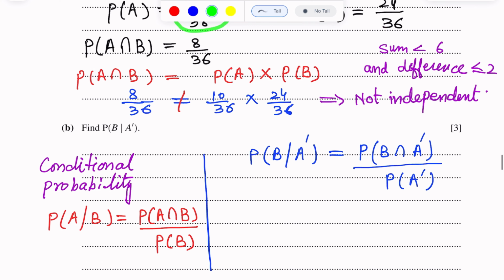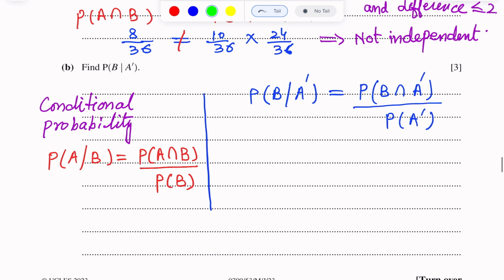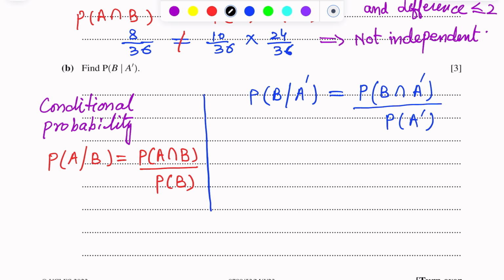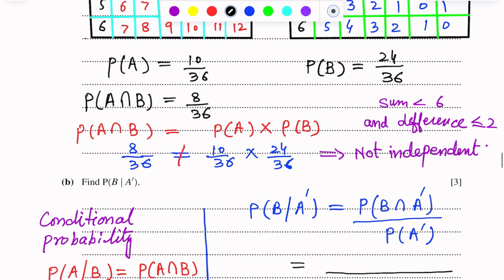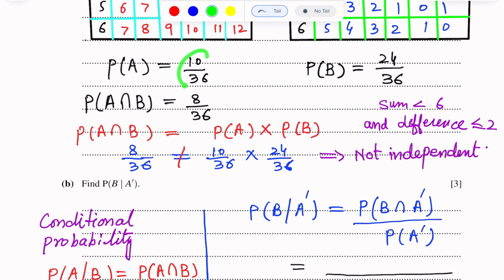Now, probability of A dash is the complement of A. So we can write the denominator as 1 minus probability of A. Probability of A is 10 over 36.